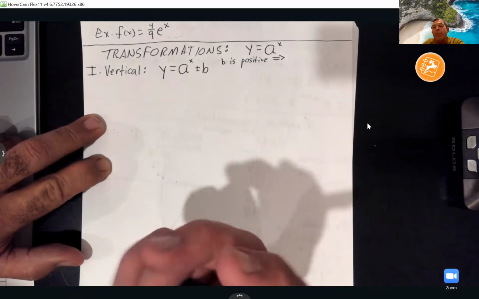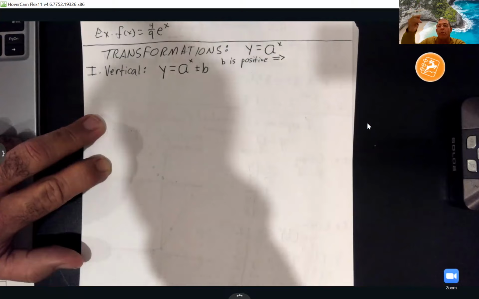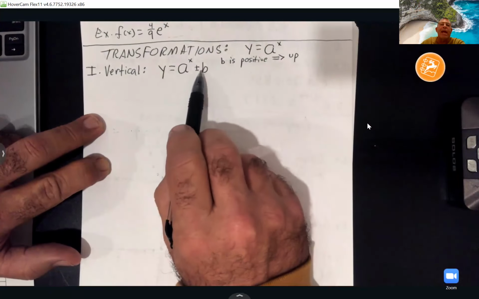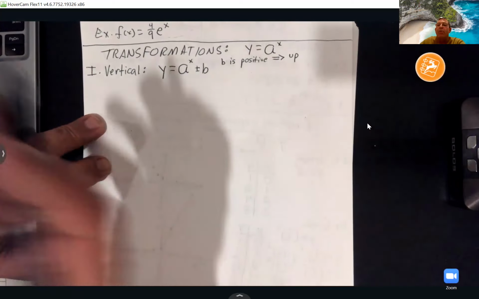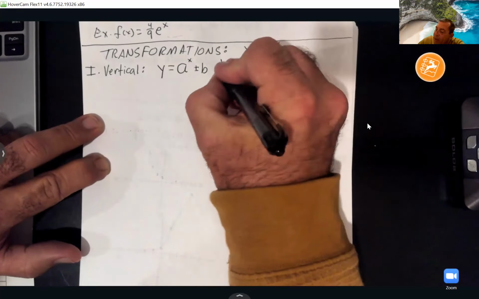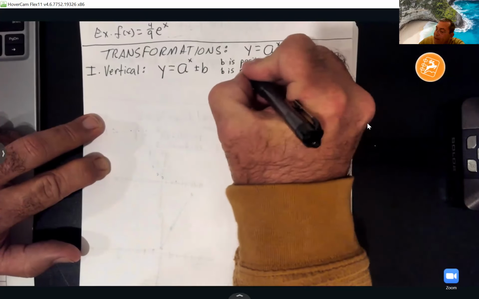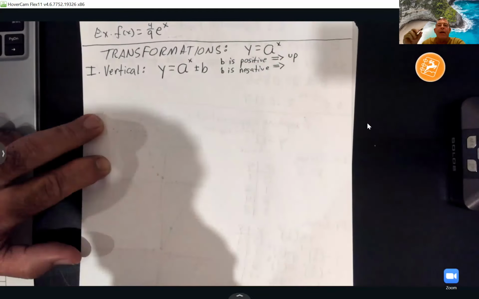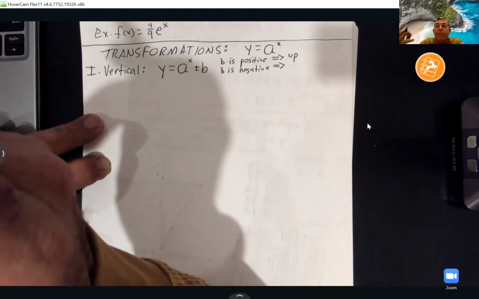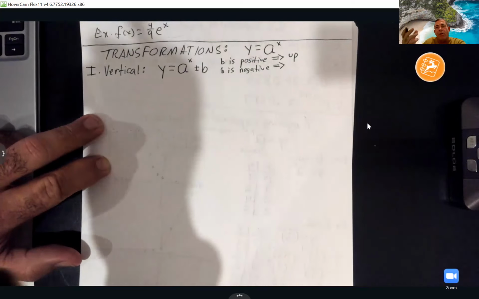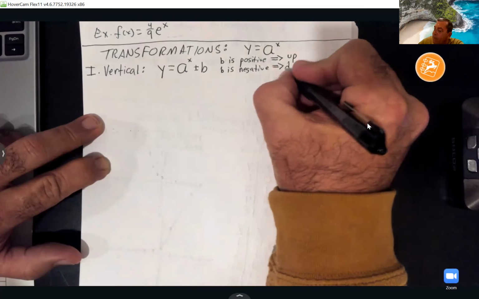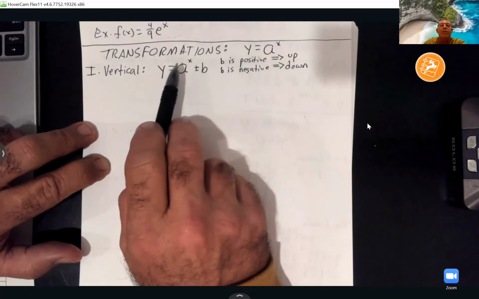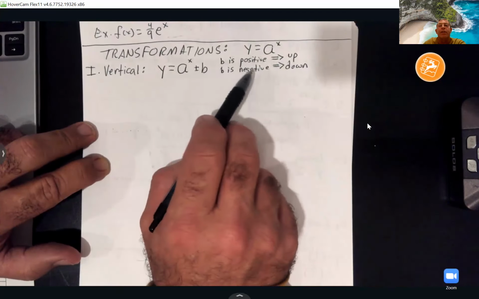On the vertical, it moved my graph upward. So it's still going to be true. If you add 5 to the end, it's going to move you up 5. If the b is being subtracted or negative, well, if y'all had an x squared graph and you subtracted 3 from it, that moved your graph down 3. So adding at the end of a function moves up, subtracting at the end of the function moves down.